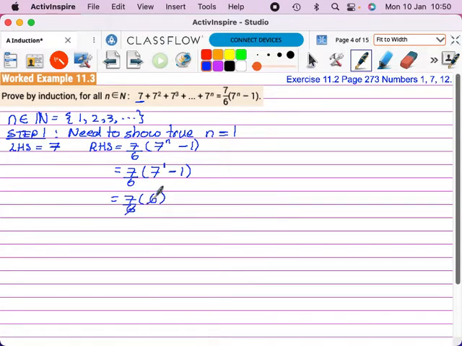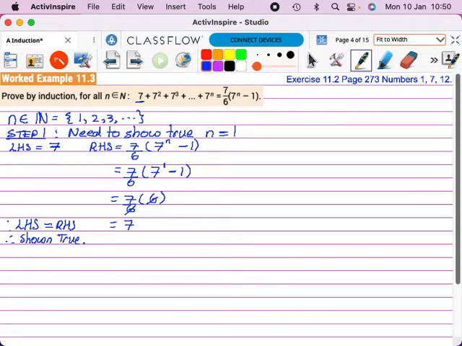The 6 and the 6 cancel, leaving us with 7. Therefore, left-hand side is equal to the right-hand side, therefore shown true. So step 1 is now finished.